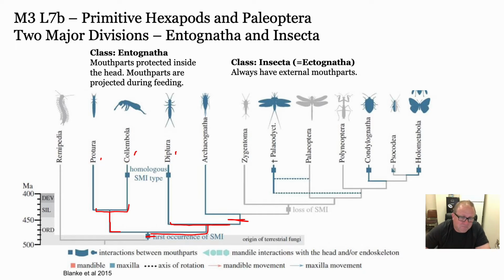The insects, over time, there's probably been upwards of 50 million species. All because they evolved that external mouth feeding mechanism, and that just took off, right? So Diplura got a bit of the short end of the stick, and now we come this way into the true insects, the Ectognatha.